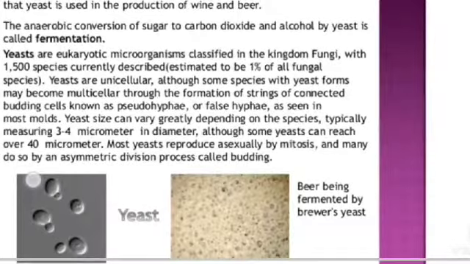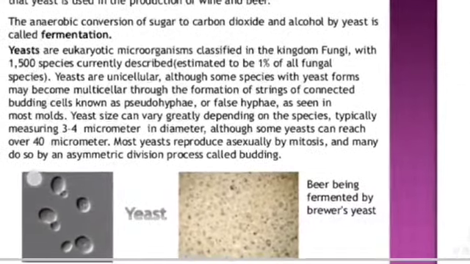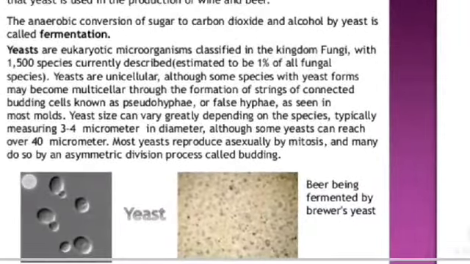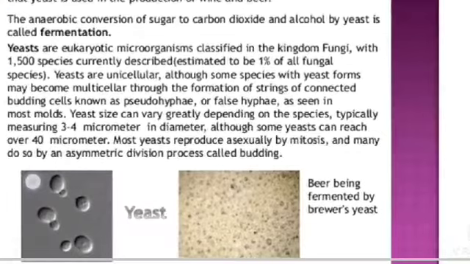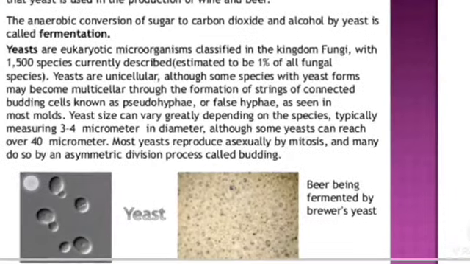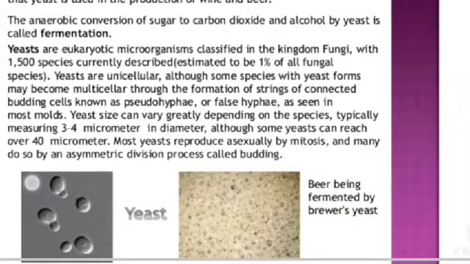Yeast are eukaryotic microorganisms classified in the kingdom fungi, with 1500 species currently described, estimated to be 1% of all fungal species.